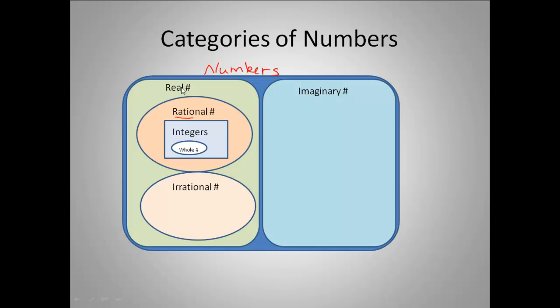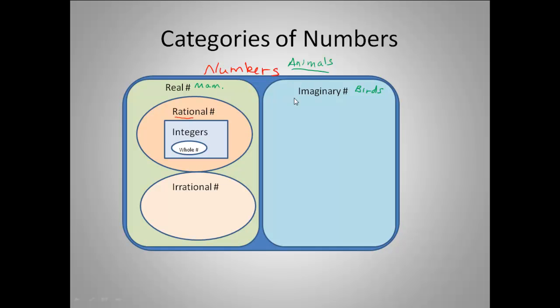So what I'm going to do now is give you a different scenario, because it can be hard to understand how these all interact. So let's say instead of numbers we have animals. And maybe we want to look at the two subsets, mammals, so that would be like our real numbers, and birds could be another subset. So what you have to realize is that mammals and birds both classify as animals, but they're two smaller categories of animals.